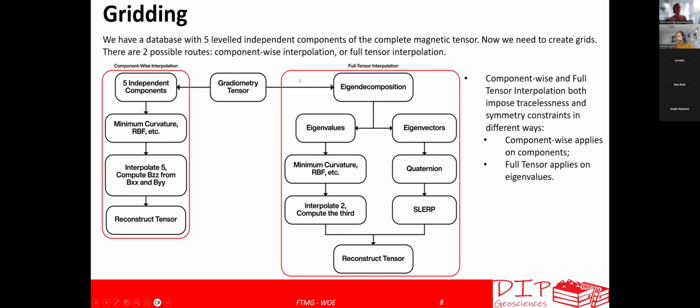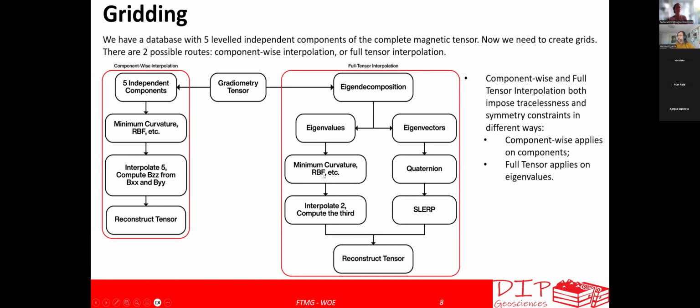The other option is to do full tensor interpolation. And this is what Henry was mentioning, that Intrepid, and Fitzgerald in particular, has been kind of the leading source of all that information. So the whole idea is to do an eigen decomposition of the data into eigenvalues and eigenvectors.